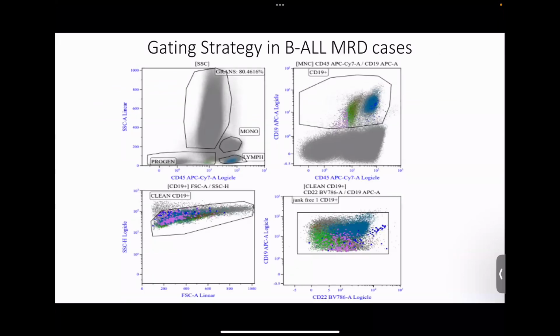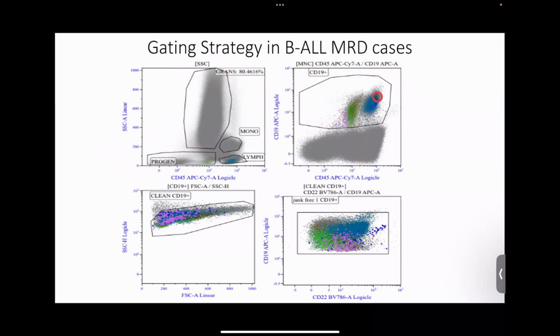Whenever we are analyzing a case of B-ALL MRD, first we have a CD45 versus side scatter where we can see the granulocytes, monocytes, lymphocytes, and progenitors. In the progenitors, we have to analyze if there is any abnormal B blast, or hematogones, or myeloid blasts. In the progenitors, we get the CD45 dim, CD38 positive, low side scatter cells under CD19 and CD45.